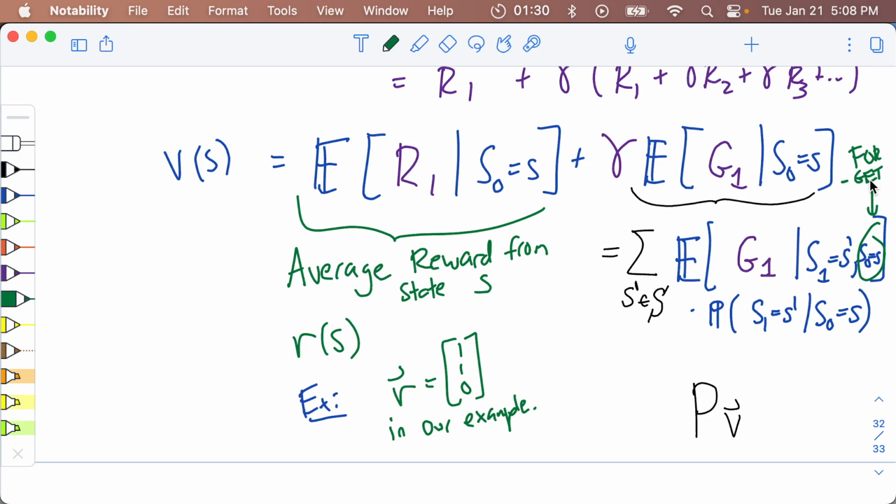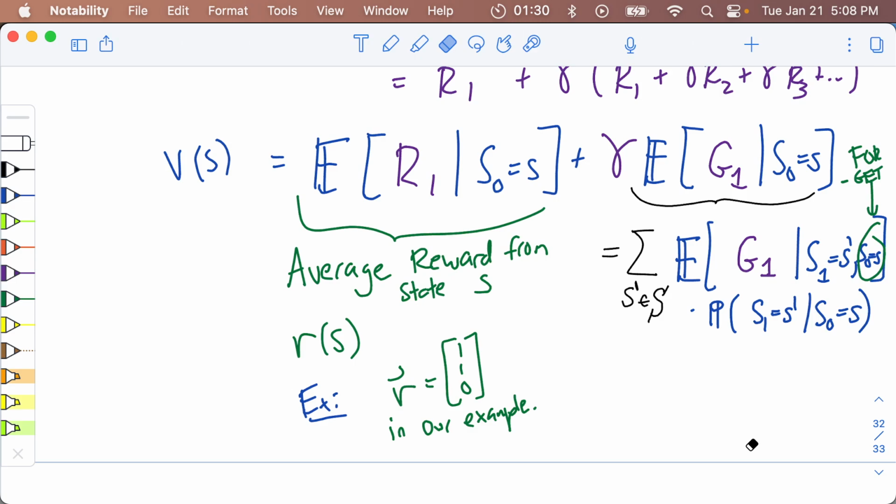Once you are at state S prime, what happened, how you got there, the history of the steps you took to get to S1, all of that doesn't matter. And this is the Markov property. Okay. And specifically, it's the Markov property for the rewards, right? G1 is made of all the rewards. So if all the future rewards can forget where you came from, then this is an okay operation.